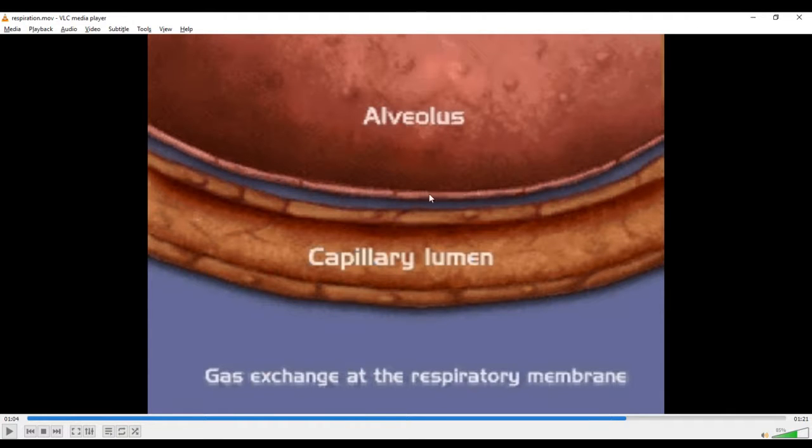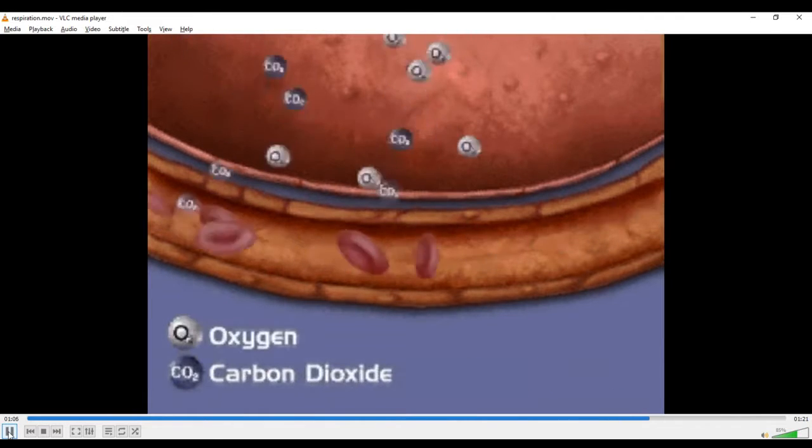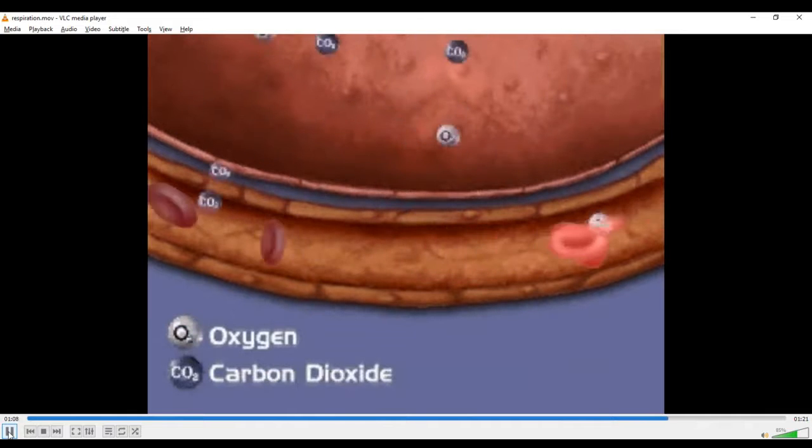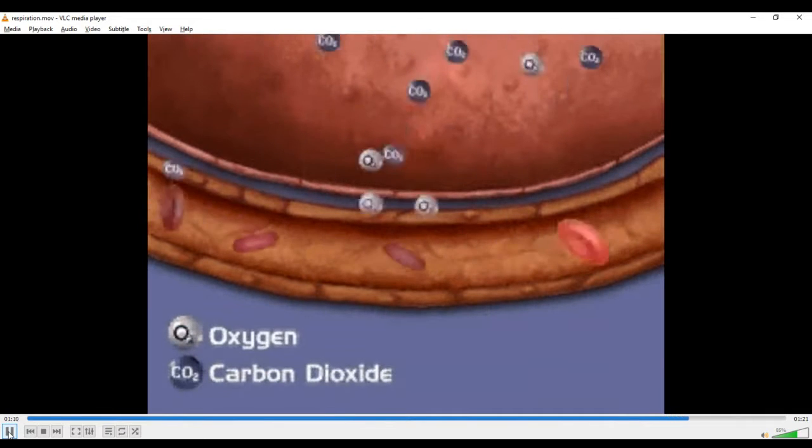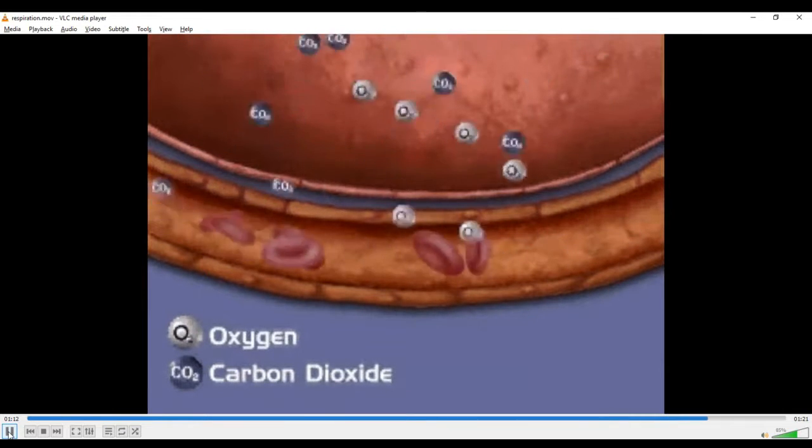This shared membrane here, by the way, is called the respiratory membrane. It's basically composed of the wall of the alveolus and the wall of the pulmonary capillary. And gas exchange is going to occur across here. So let me play this video, and you can see that occurring. So you can see oxygen diffusing in and carbon dioxide diffusing out.